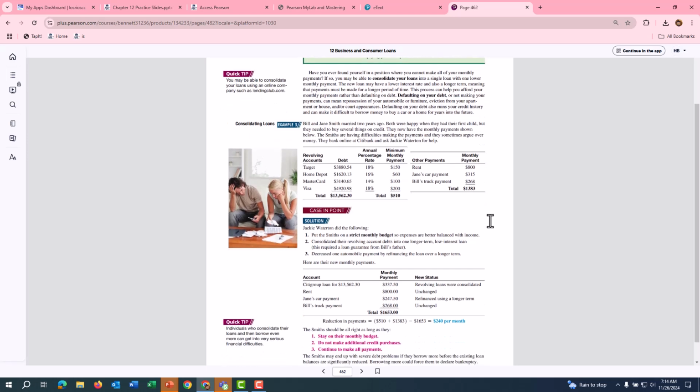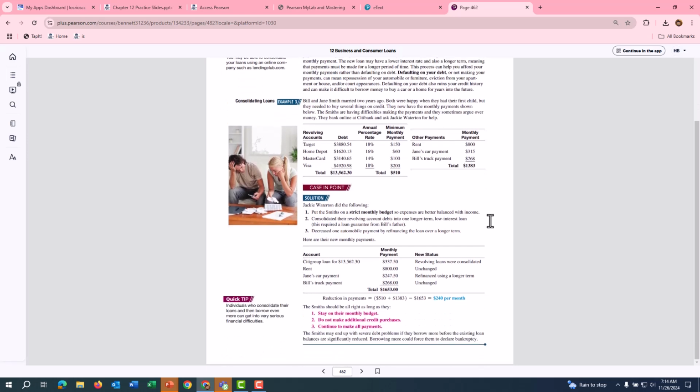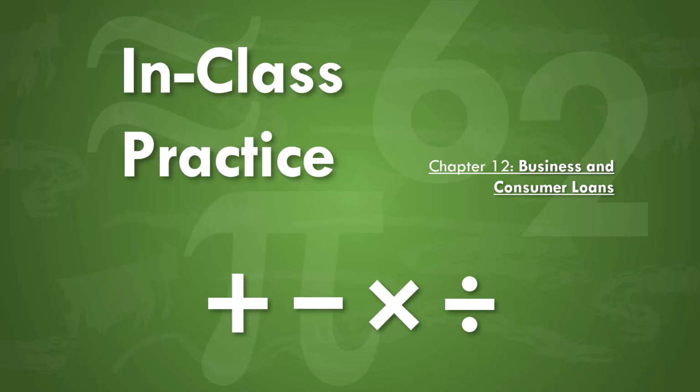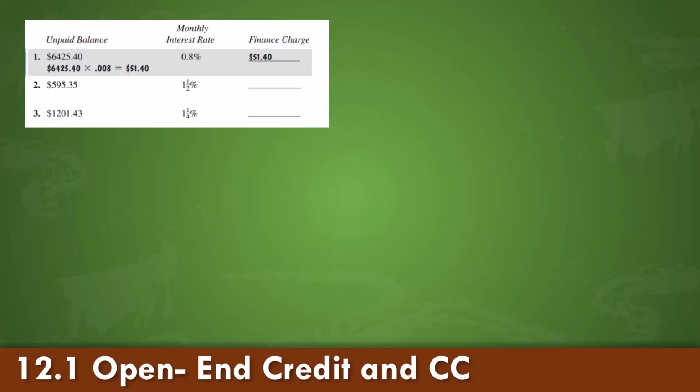As we learn to break down credit card charges, calculating interest, we can better understand how to manage such credit cards. Let's do a couple example questions now. Chapter 12, Business and Consumer Loans, Section 12.1.